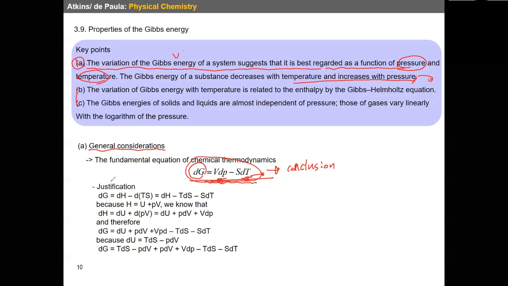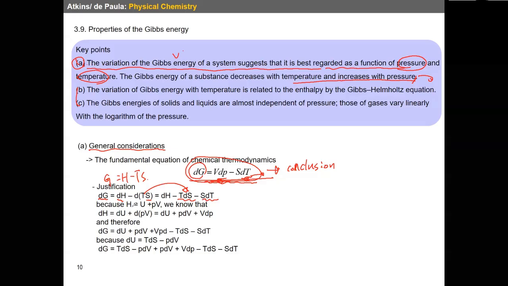First, we know G equals H minus TS, right? So dG equals dH minus d(TS), right? So this can be dH minus TdS minus SdT, right?